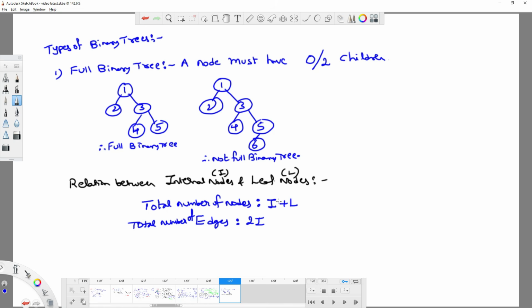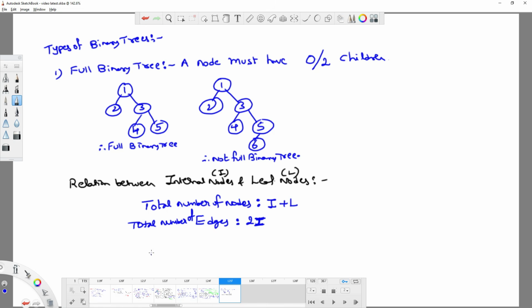It is 2 into I. Because if I am saying some node is an internal node, definitely it is having 2 children. If I am saying a node is an internal node, it is going to have 2 edges. So if I internal nodes are there, it is going to have 2 into I edges, which represents the total number of edges.